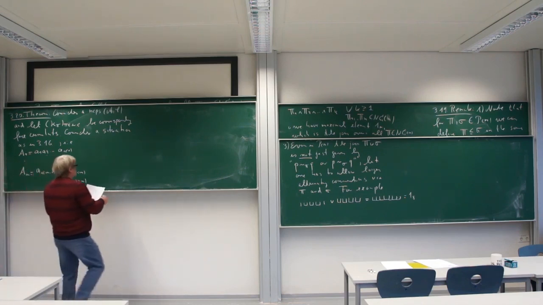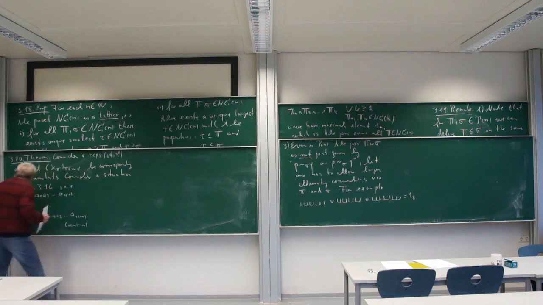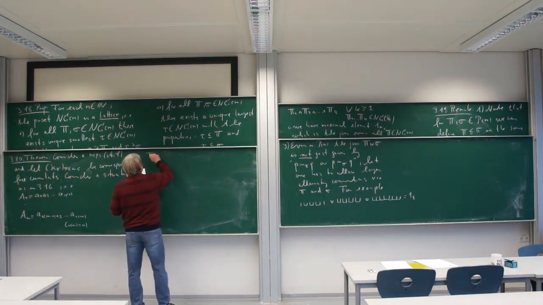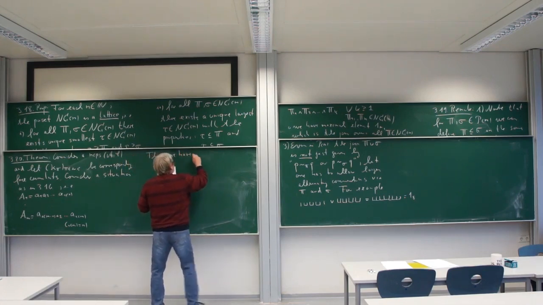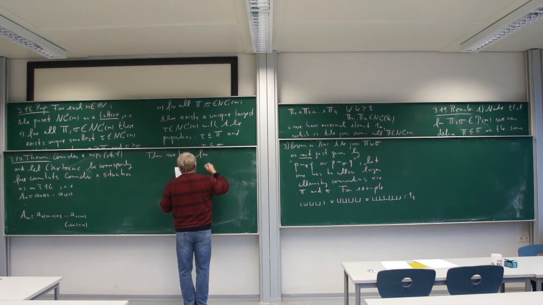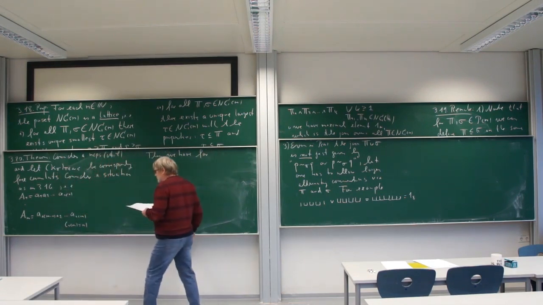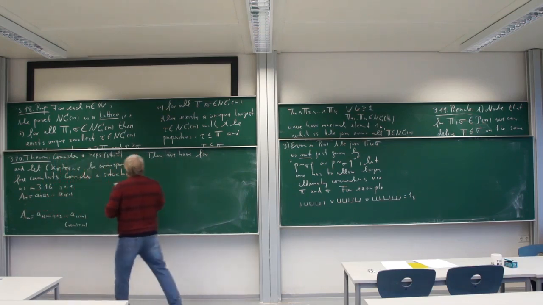Good, but now what I really want is to relate the cumulant of the capital A's to the cumulant of the little a's. There's a very precise formula. Let me take an arbitrary cumulant indexed by a non-crossing partition. If I want to have it of the capital A's, it should be a non-crossing partition of m many elements.